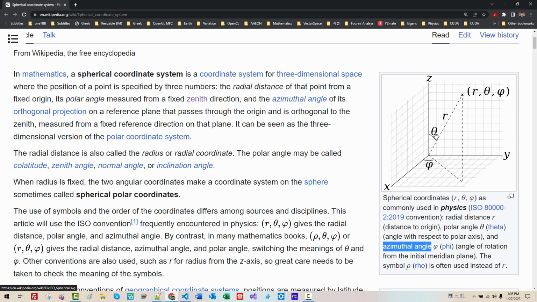The angle theta measured from the z-axis is called the polar angle. This polar angle increases from the z-axis downward like this. This theta increases downward from 0 to pi.